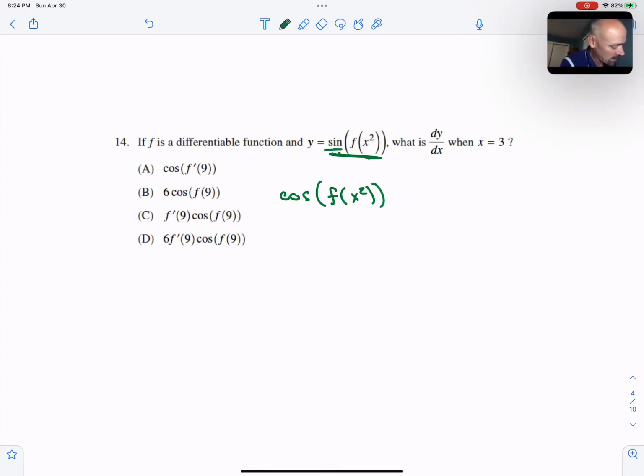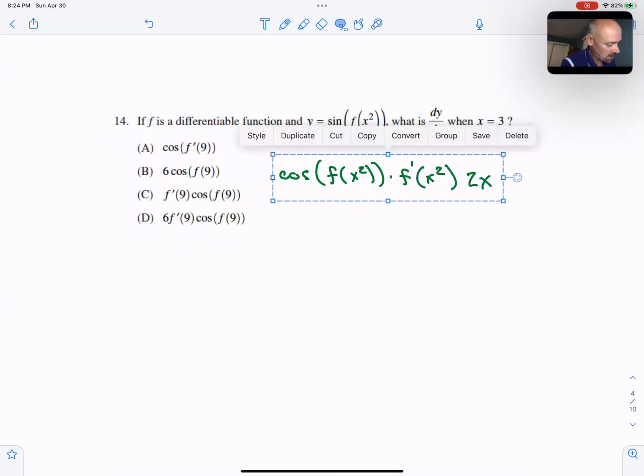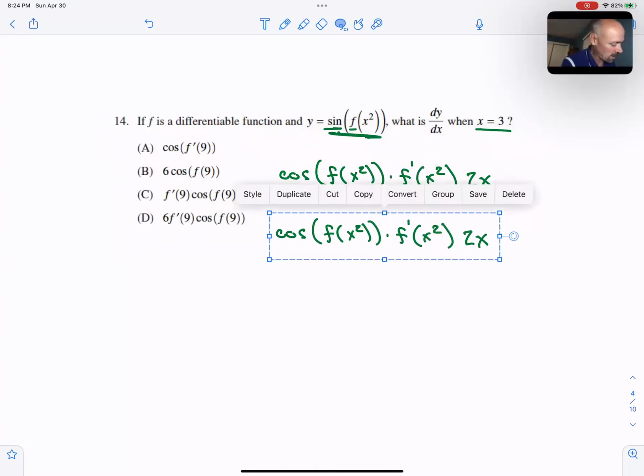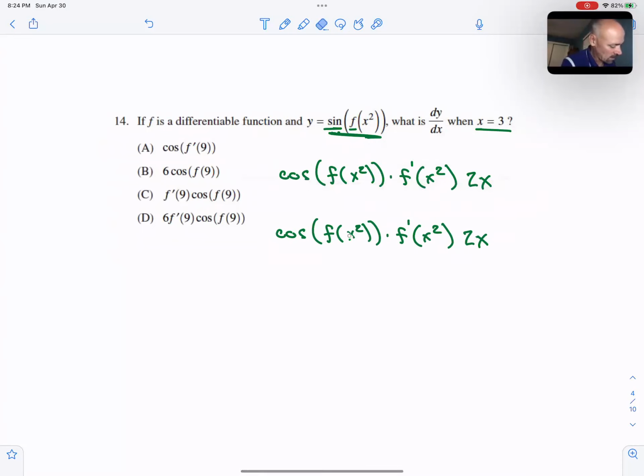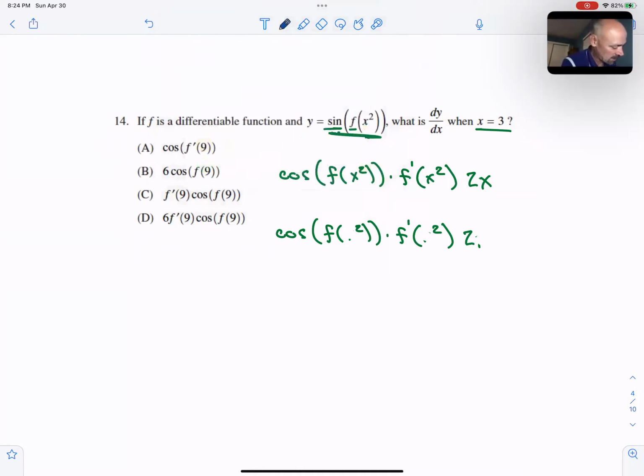So taking care of sine, now I'm moving in. So it's going to be times the derivative of f, which is f prime at x squared. And then I'm moving in one more. The derivative of the inside function x squared is going to be 2x. And now I want to know when x is 3. So all my x's are going to change into 3's. I'm going to duplicate that, take out the x's and replace those with 3's.